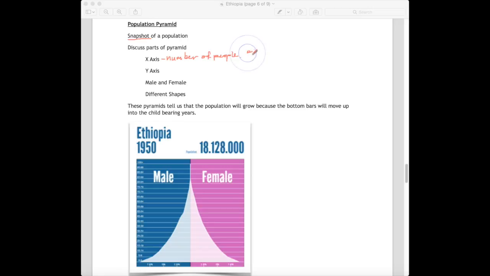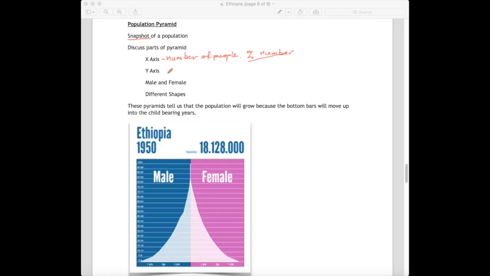This could be a percentage of the population, so 2%, 7%, 10%, something like that, or it could be actual numbers, thousands of people in a population. It could be expressed either way. So you have to be a little bit careful and look at the x-axis to see what it is. Is it a percentage of the population or a number?